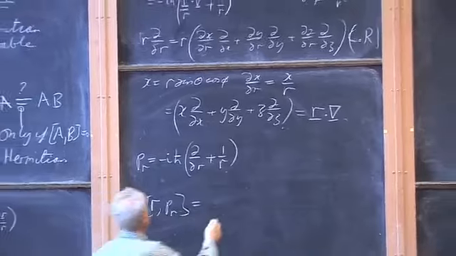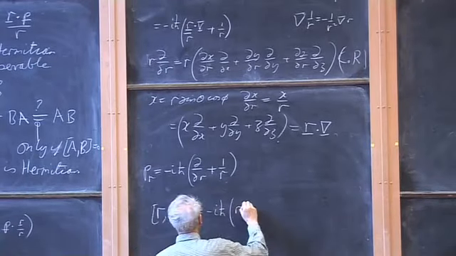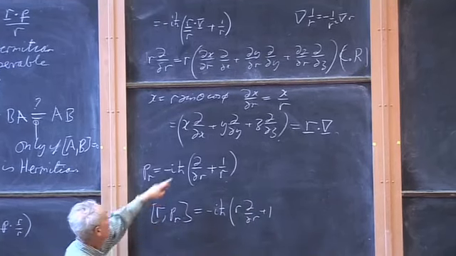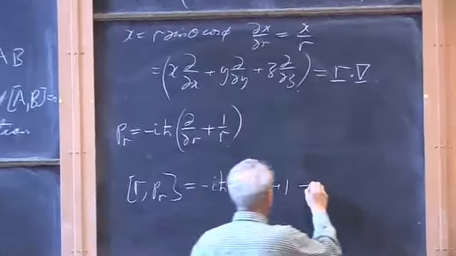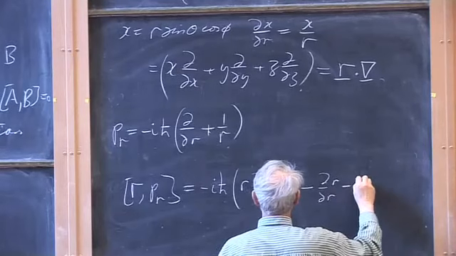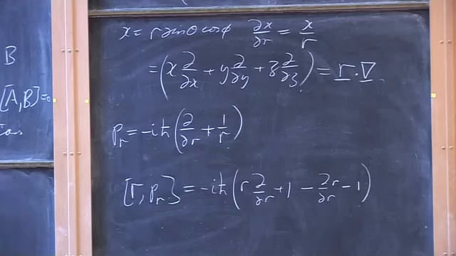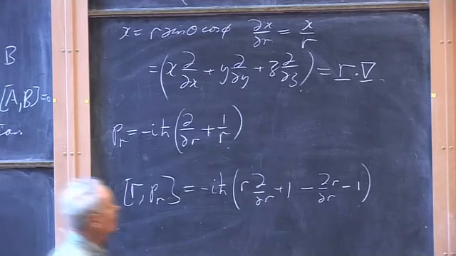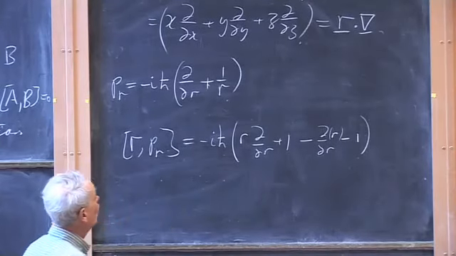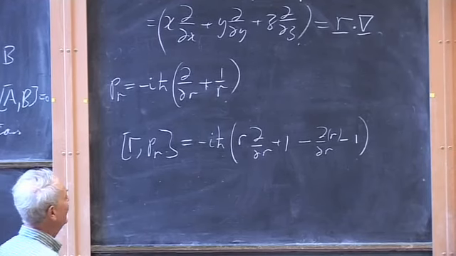So what is that? That is minus i h bar of r d by dr plus 1, which is r times PR, minus d by dr plus 1 over r acting on r.